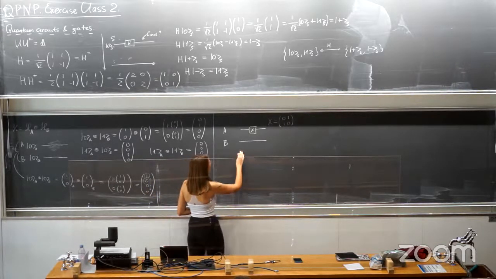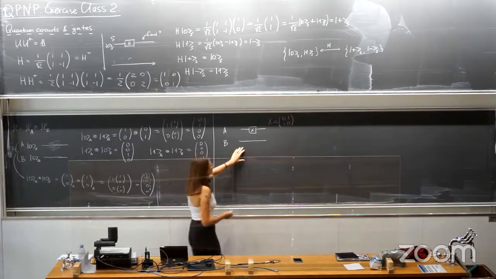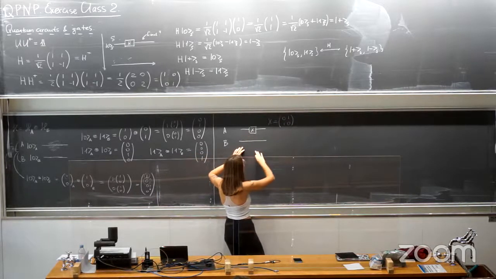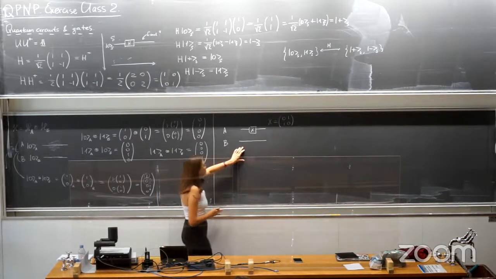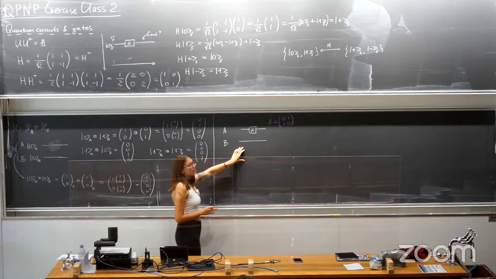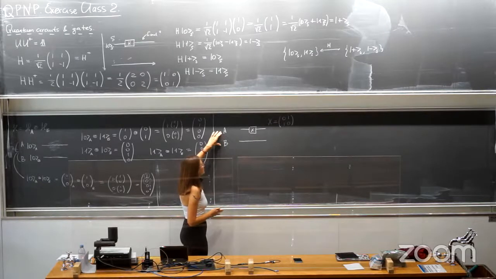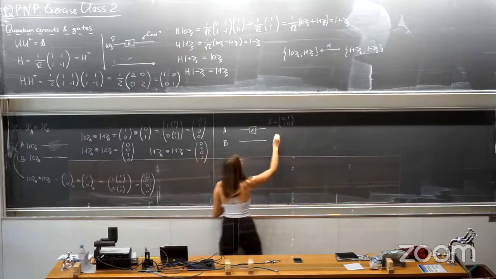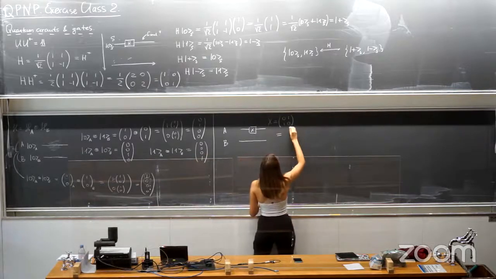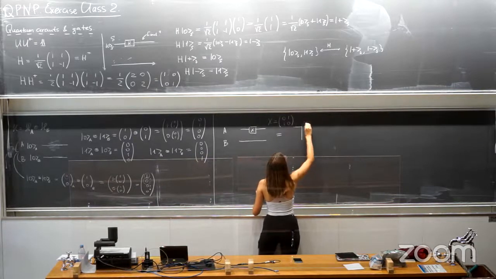And suppose that then we want to write the action of this X gate as a joint action on the systems A and B. So how do we write this? We want to write it as some unitary U_AB acting on both systems.